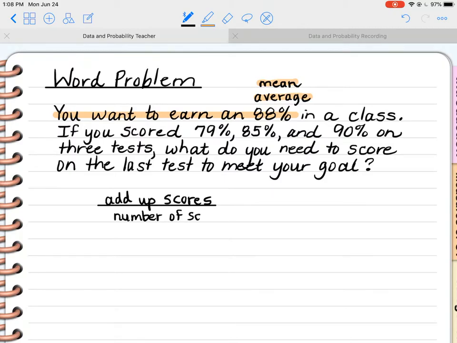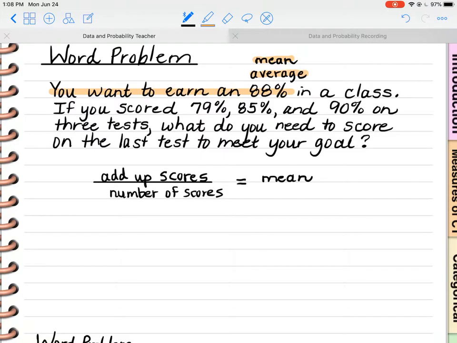And I'm not doing any math, I'm just thinking through this problem. And that is going to give us the mean. That's what a mean is. You add up the scores, divide by the number of scores. So let's plug in some numbers that we have and see what we come up with. Well, the 88% is the mean that I want to have. So I'm going to put that over there under the mean.